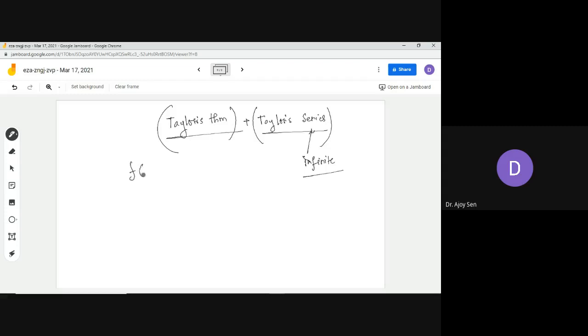So the idea is like this. You have a function f of x. This can be any particular kind of function, and you want to write this function in terms of some polynomial.